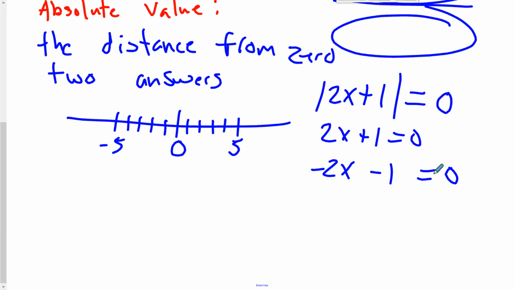And then I solve both of these equations, and then I have two different answers. So this was x equals negative 1/2, and this one is x equals 1/2. Both of those are the same distance away from 0. Negative 1/2 and 1/2 are the same distance away from 0.